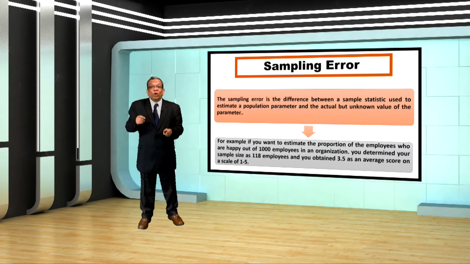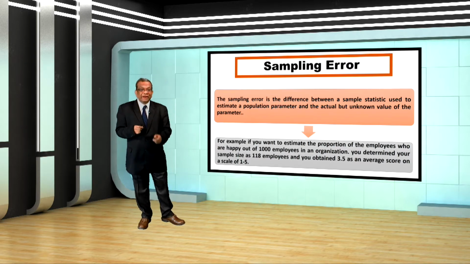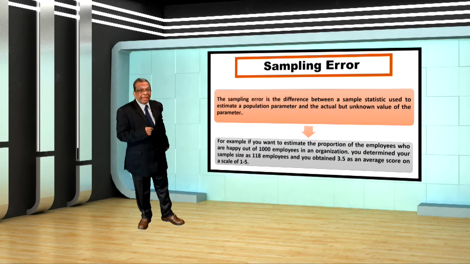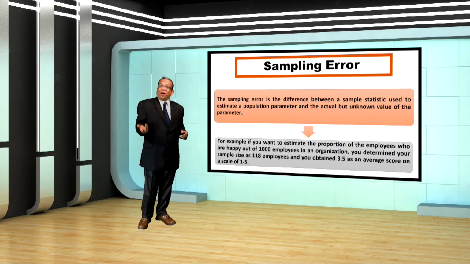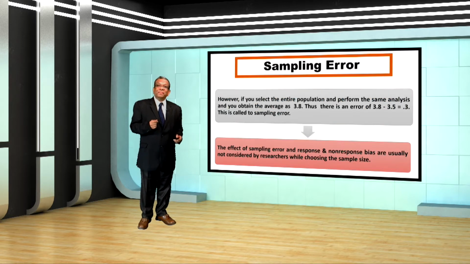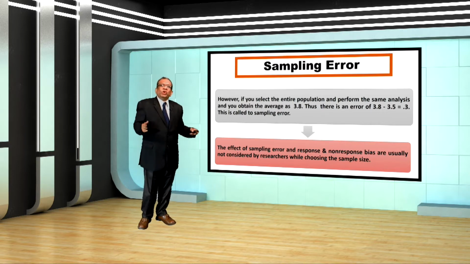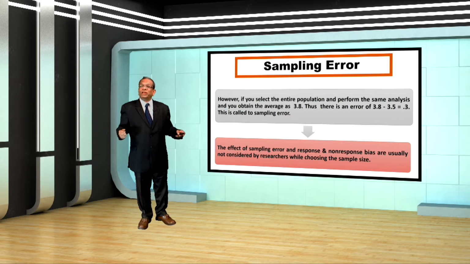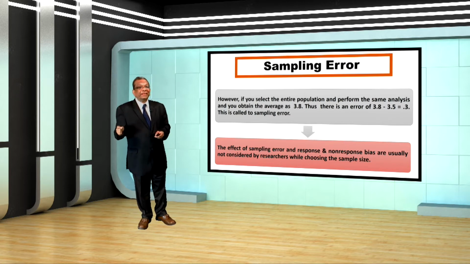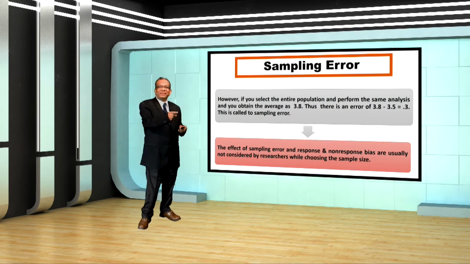You obtain 3.5 as an average score on a scale of 1 to 5. Then you are estimating the population's happiness as 3.5. But if you select the entire population and perform the same analysis, you will obtain an average of 3.8. Thus, there is an error of 3.8 minus 3.5, which is 0.3. This is called sampling error.